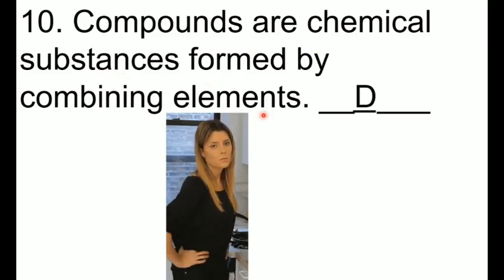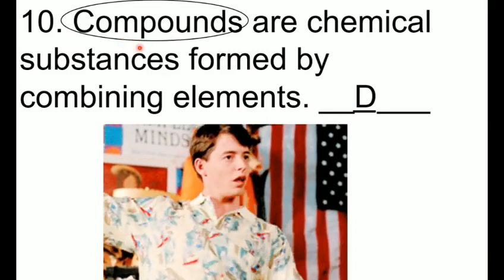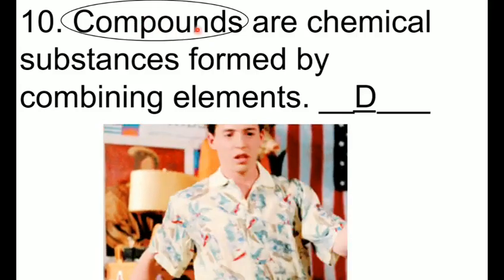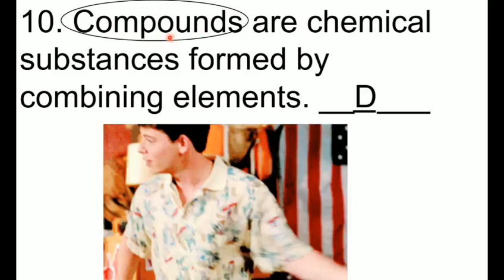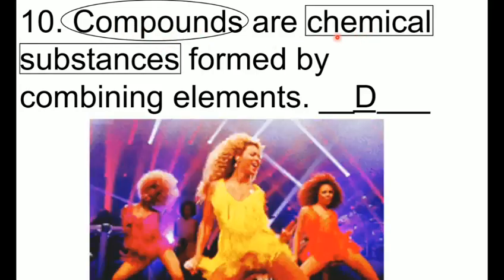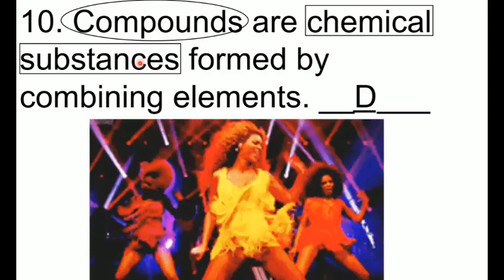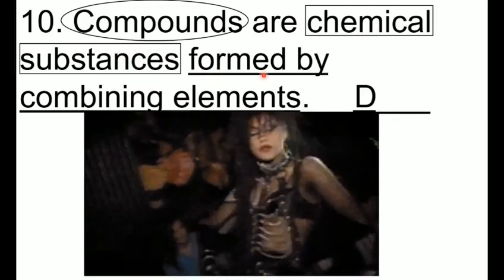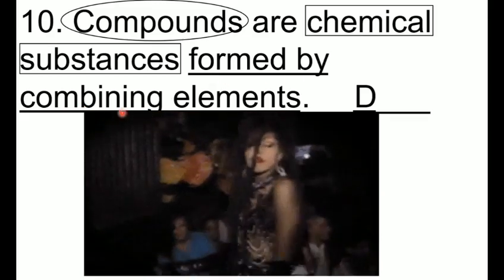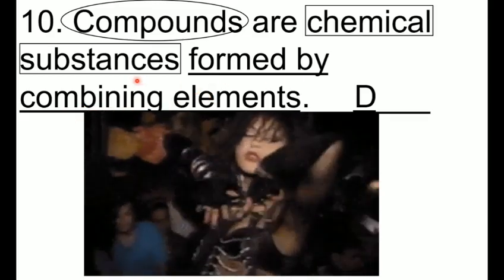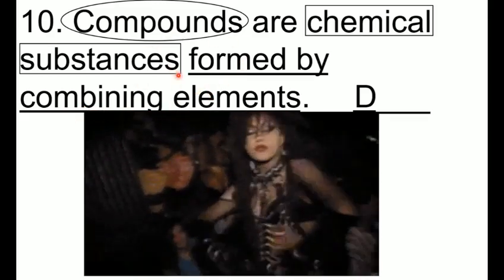Alright, the answer here is D, definition. Why? We have here the term compounds, and then we have also the class chemical substances, and then we have distinguishing characteristics formed by combining elements. So, kompleto ang kanyang parts dito. Okay, so this is a definition. Next.